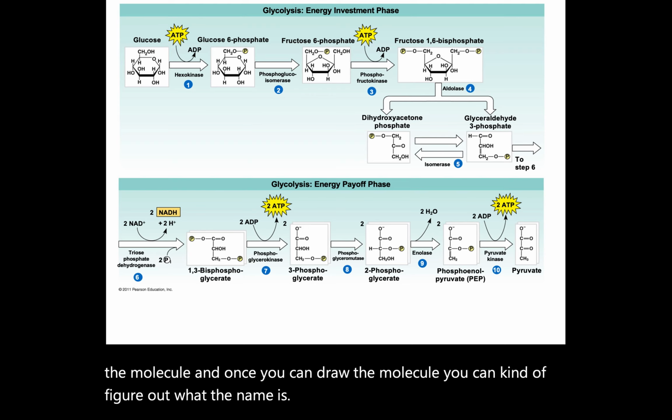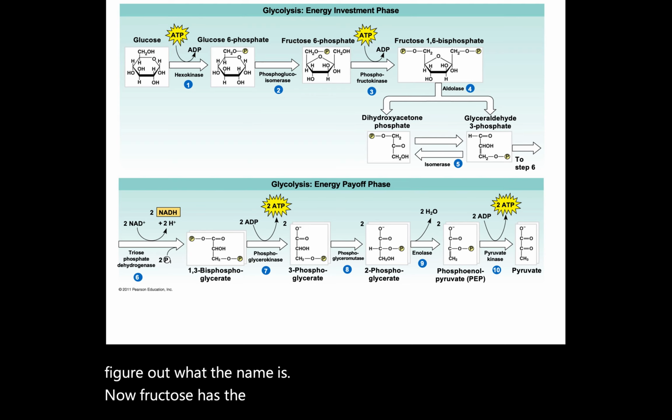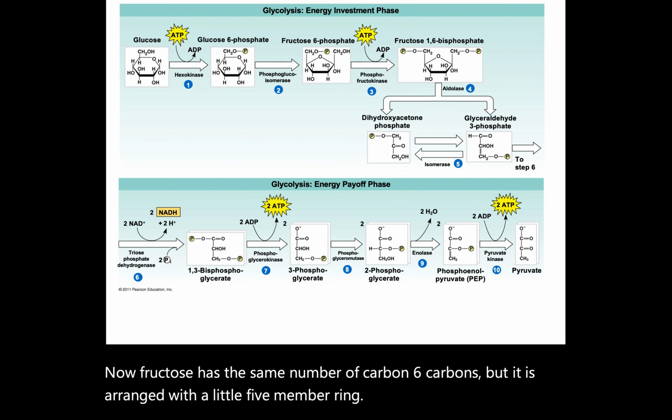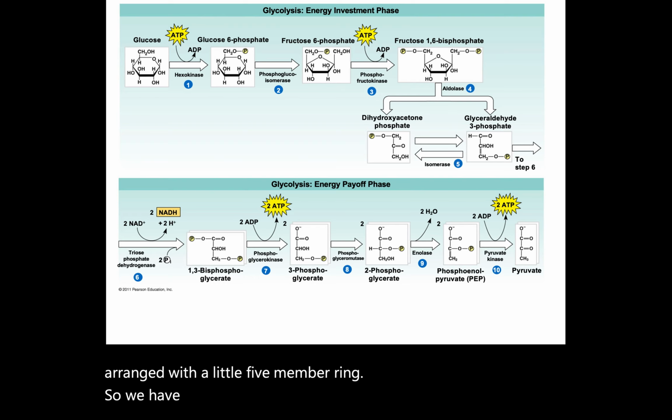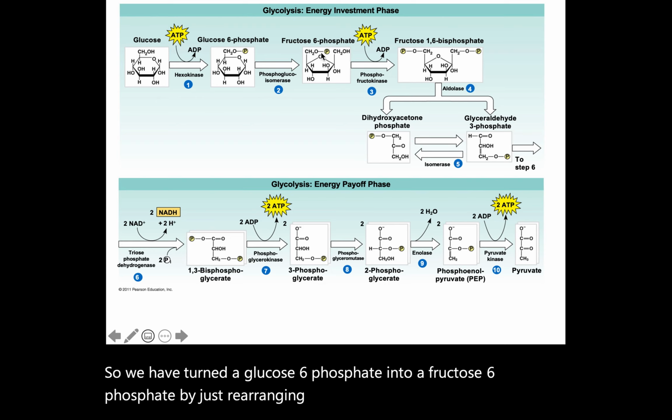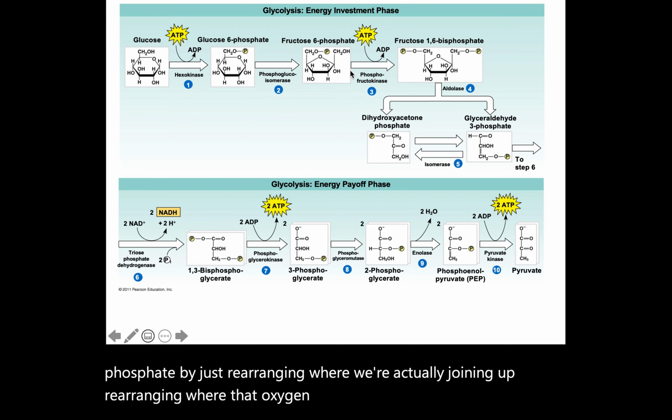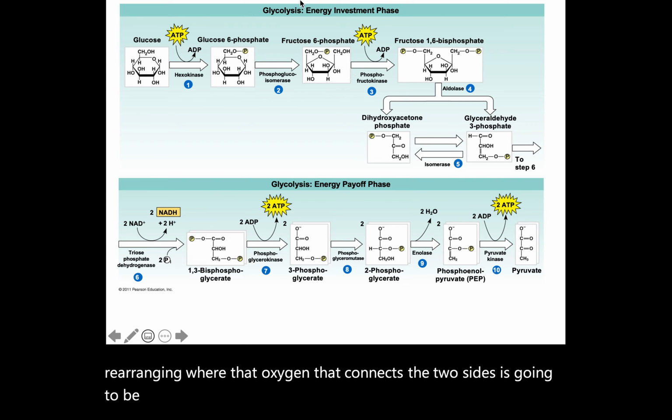Now, fructose has the same number of carbons, 6 carbons, but it is arranged with a little 5-member ring. So we have turned a glucose 6-phosphate into a fructose 6-phosphate by just rearranging where we're actually joining up. Rearranging where that oxygen that connects the two sides is going to be located. And so, yeah, it's still got a phosphate on carbon number 1, 2, 3, 4, 5, 6.